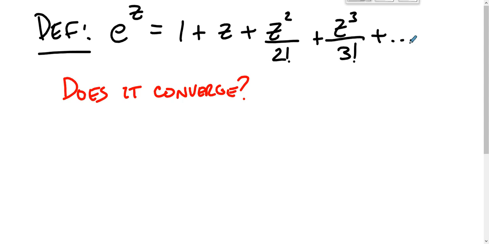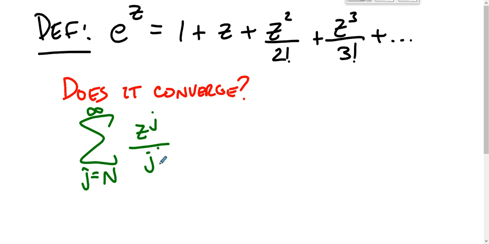And the way we figure that out is we take a look at what happens to the sum after some number n of terms. We take a look at what happens to these residues.